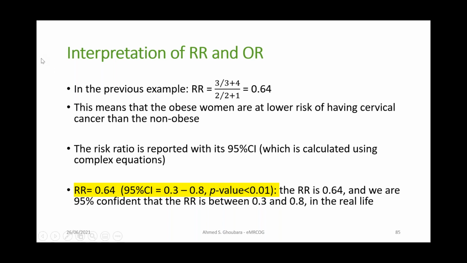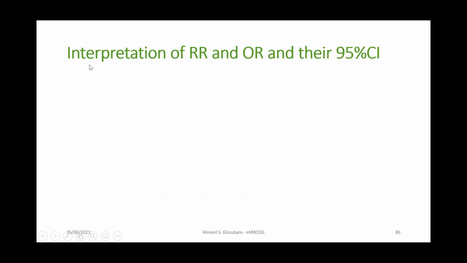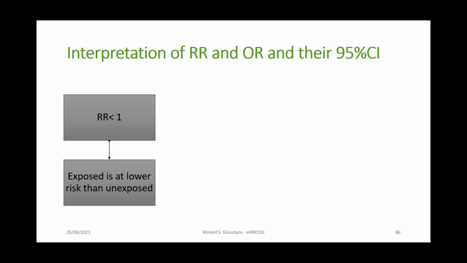I'll show you what I mean. First the interpretation. If relative risk is less than 1, like in the previous example, the exposed are at lower risk than the unexposed, because the exposed are in the numerator and the unexposed in the denominator.